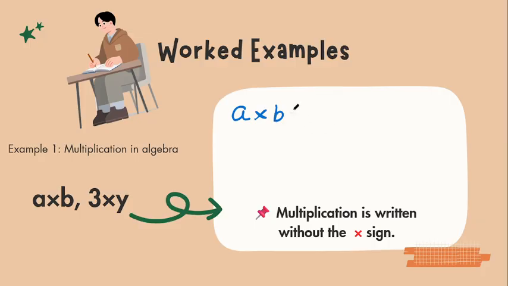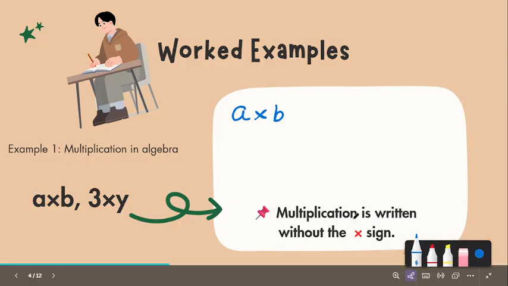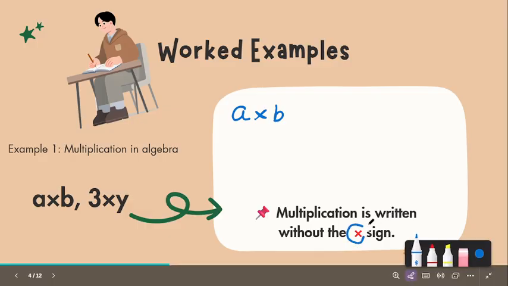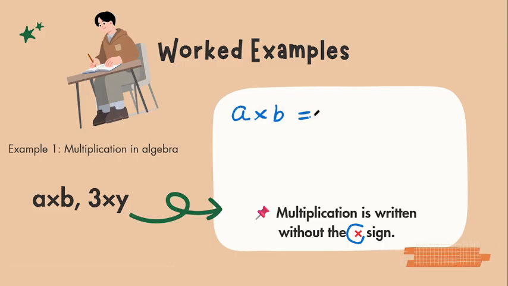When it comes to algebraic notation, there should be a standard format, so that's why they have given us a hint. Multiplication is written without the multiplication sign. Therefore, this is not correct. So the answer is going to be ab if you are going to write it using the algebraic notation format.